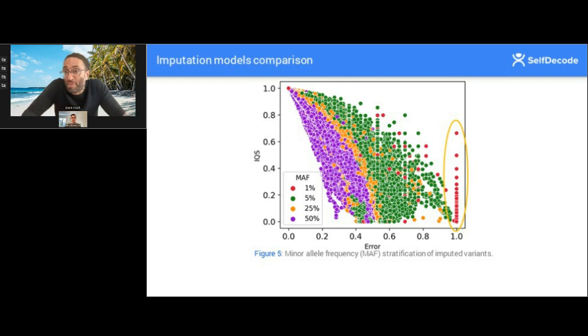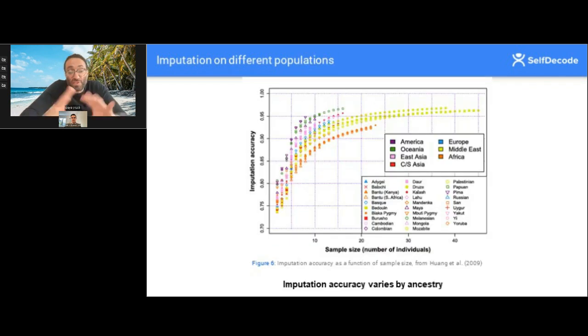The more common an allele is in a population, the more times you see it in your reference population, the better your algorithm is at guessing who has this and who doesn't have this. Very straightforward. But here's some more interesting stuff, at least I find it a little bit more interesting, is that it's also affected by the ancestry of your data set, whether it's the ancestry of the actual reference samples you have or the ancestry of the user or the target population.